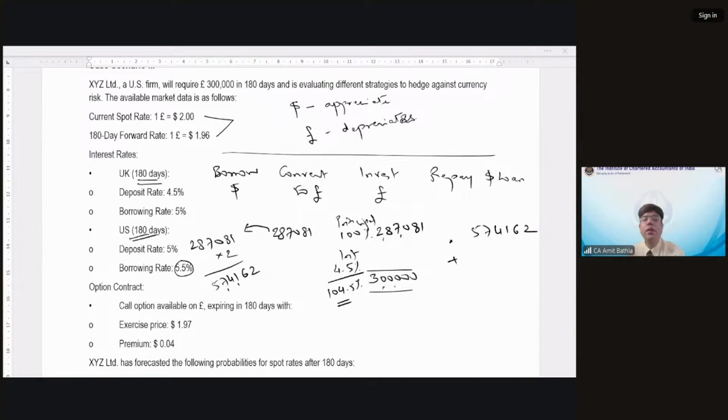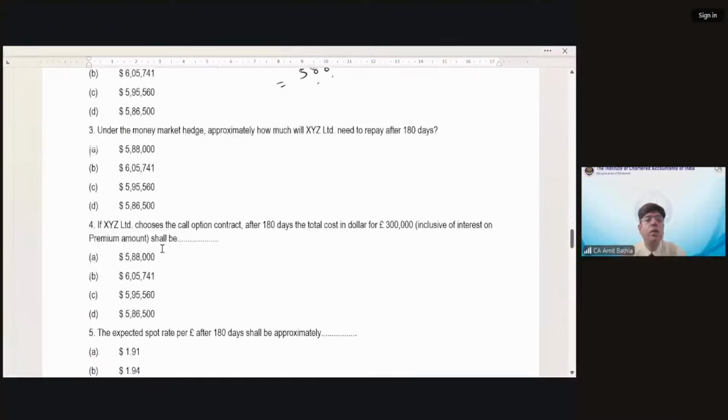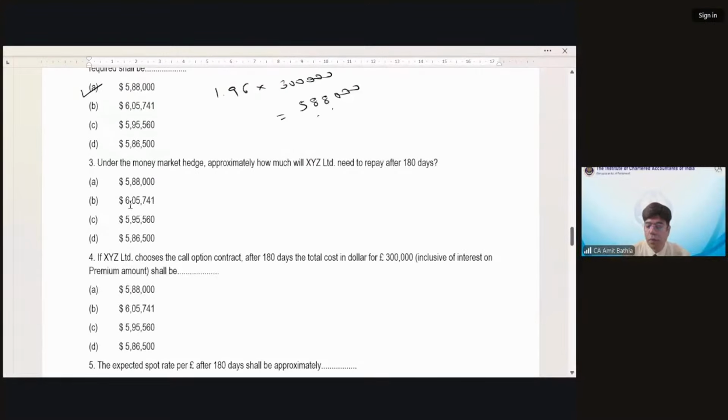That comes to 605,741. Now let's check the options. Do we have 605,741? Yes. B option is the correct option, $605,741.